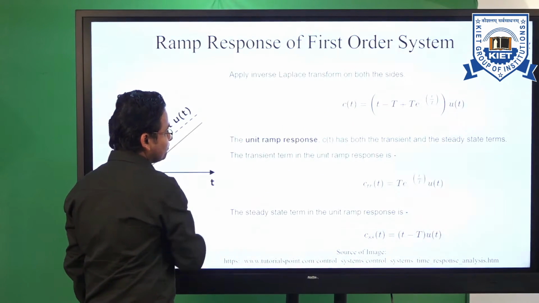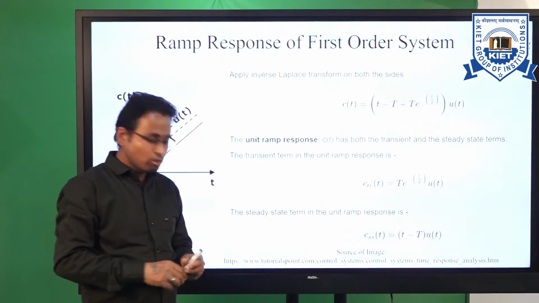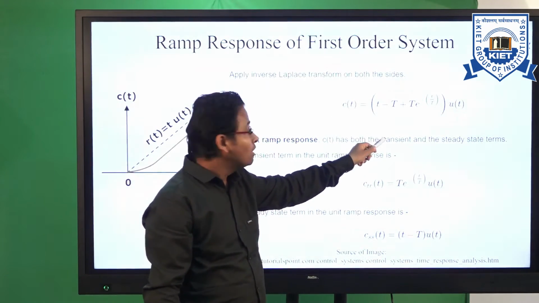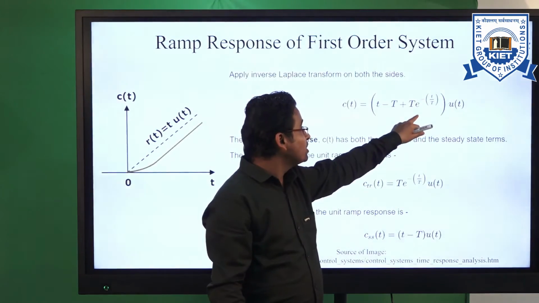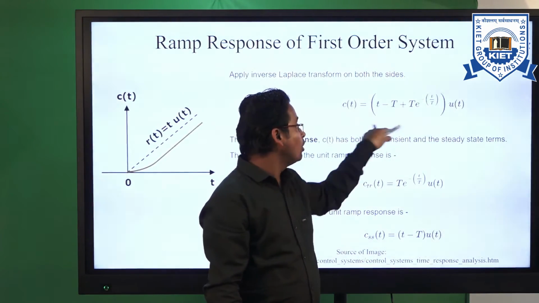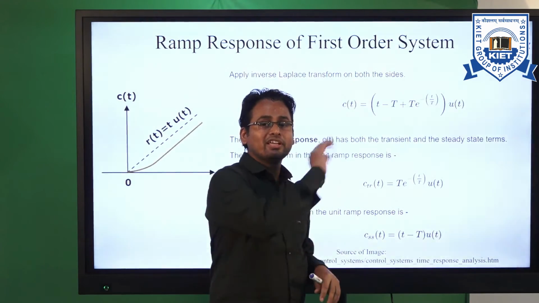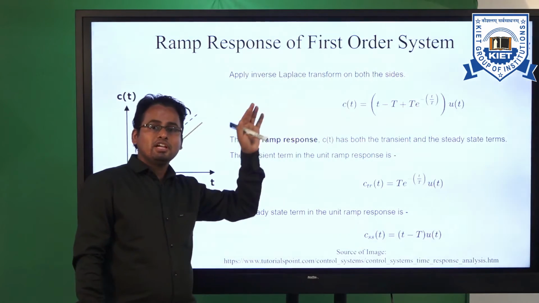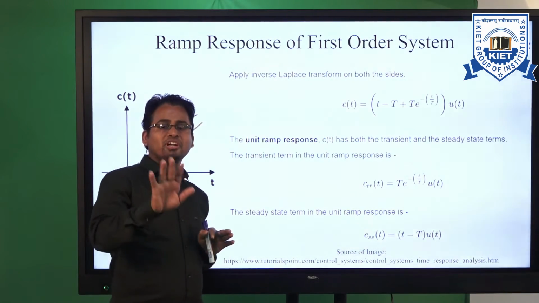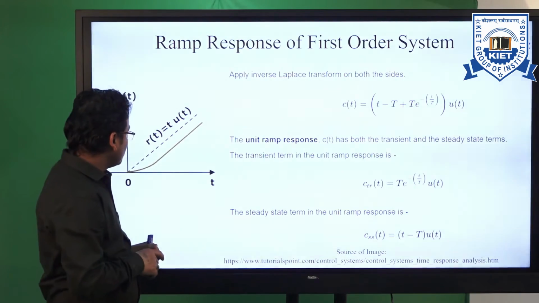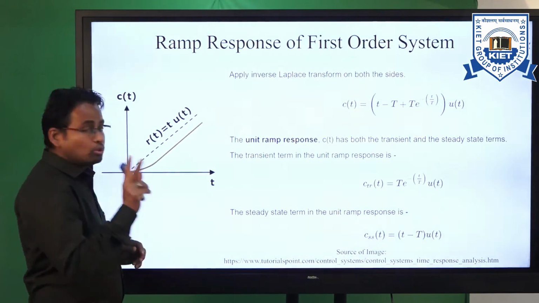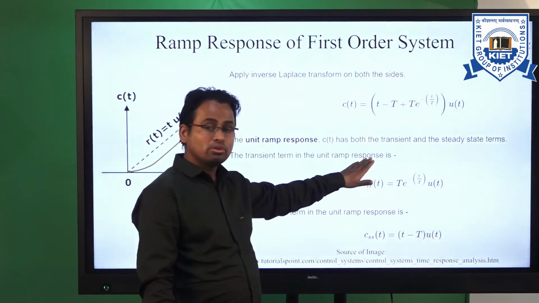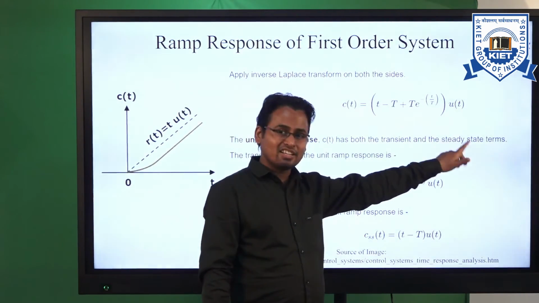Come to the next. Look at this particular expression: c(t) is equal to t minus capital T plus T into e raised to power minus t upon capital T, whole multiplication with u(t) taken as a common value. That is the response when input is subjected to unit ramp. Now there are two different terms. The unit ramp response c(t) has both the transient and the steady state terms.